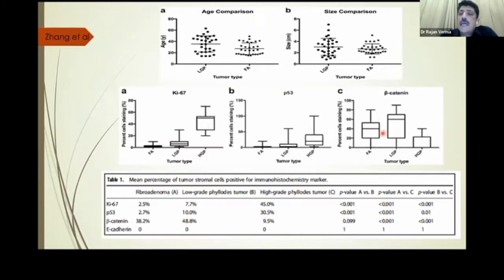As you look into beta-catenin, almost similar results in fibroadenomas and low-grade phylloids, but the high-grade phylloids have less nuclear expression of beta-catenin. The E-cadherin was consistently negative in all these cases. Together, if you see the p-value, there is hardly any statistical difference between a low-grade phylloid tumor versus fibroadenoma.